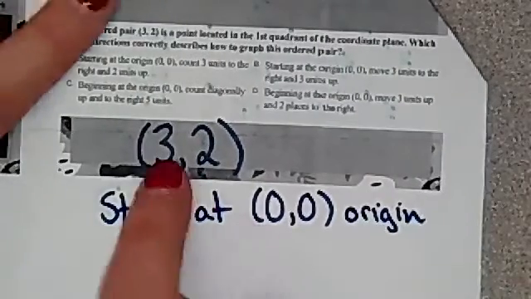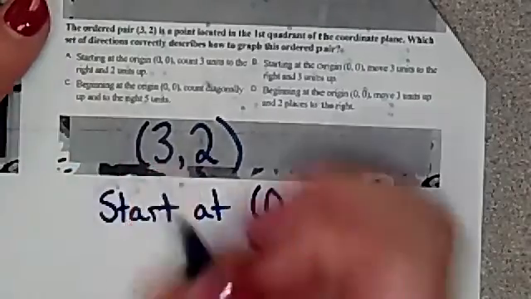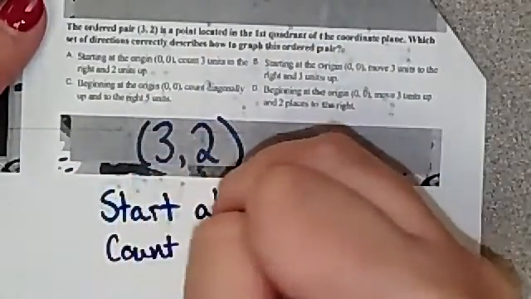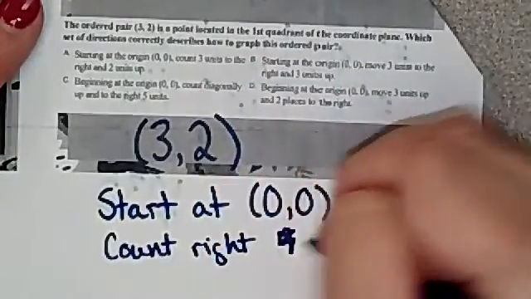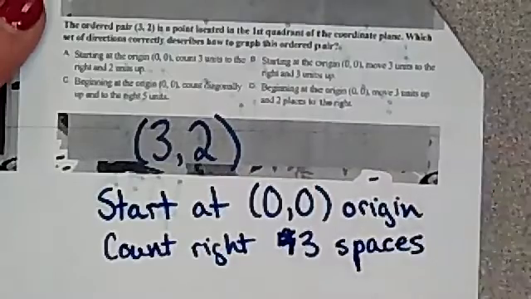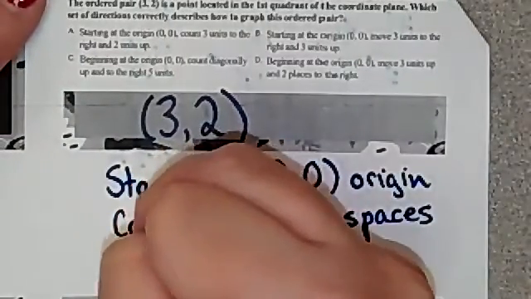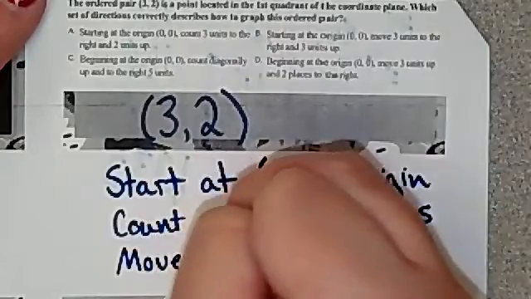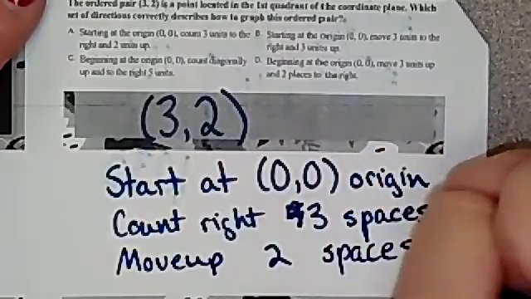So I am going to go right first. Okay? So I'm going to count right. 4, no, sorry, not 4, 3 spaces. Then what, Janie? Move up 2 spaces. Which answer is that?